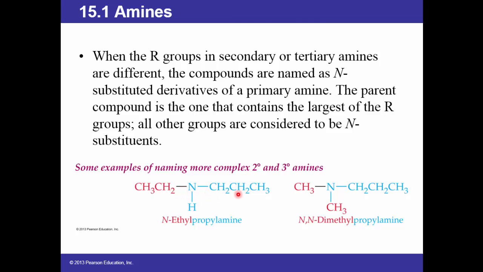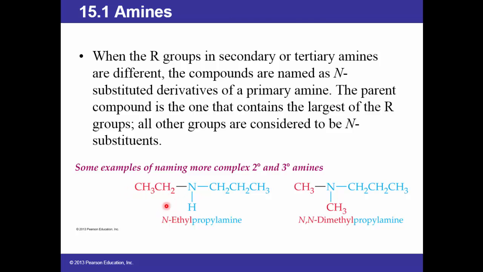Now, what is the longest hydrocarbon here? 1, 2, 3 carbons. This is the longest, so this is the main one. The parent compound is the one that contains it, so propylamine is the parent compound. All other groups now are considered to be N-substituents.